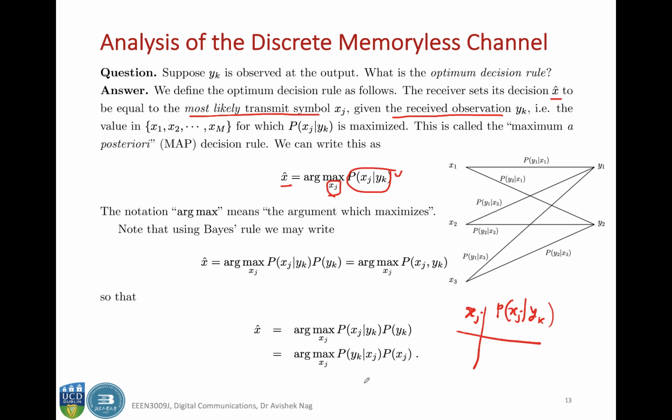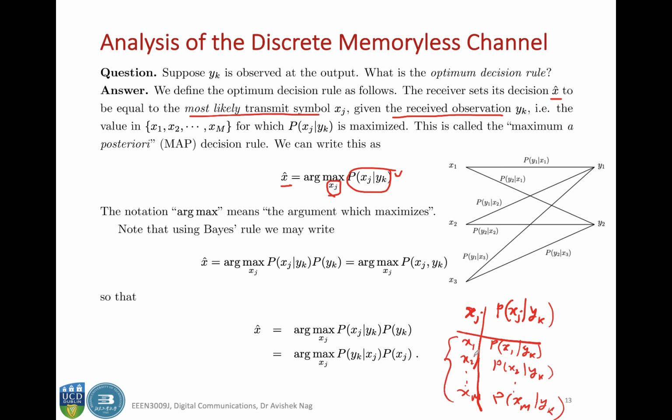then let's say xj can take m values, x1, x2 up to xm, and you find out the probabilities of x1 given yk, x2 given yk, up to the probability of xm given yk, and then you see which value of xj gives the maximum value of this probability.